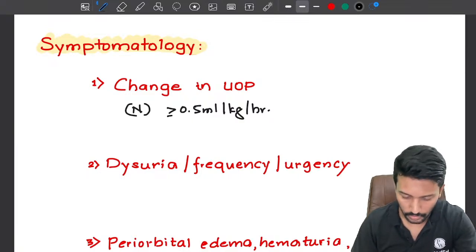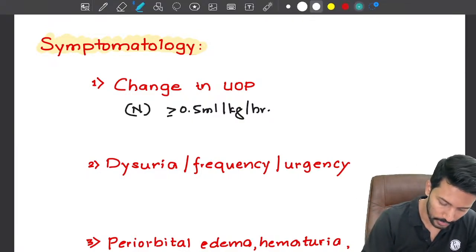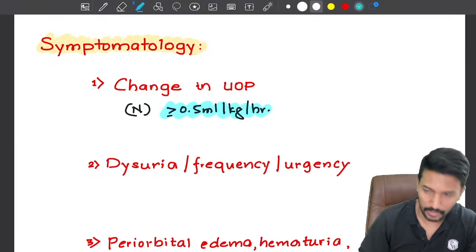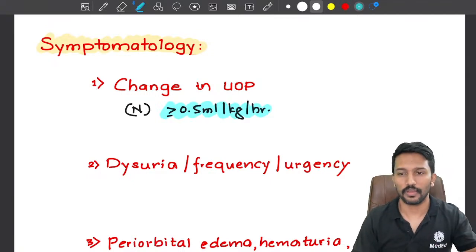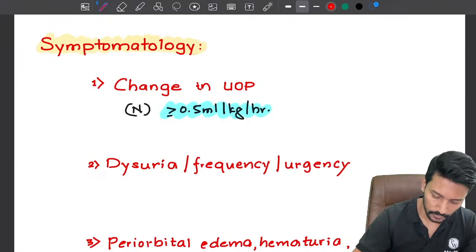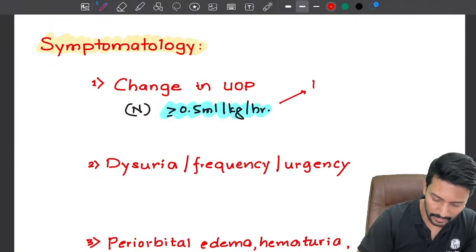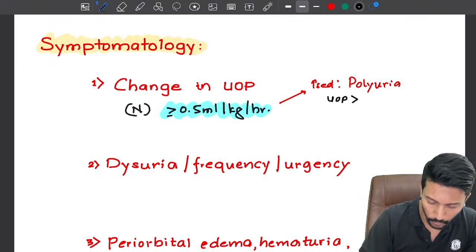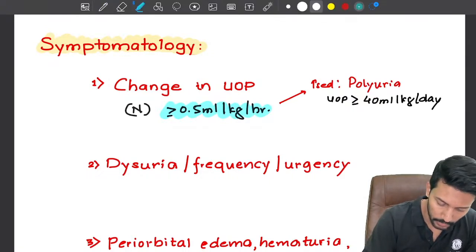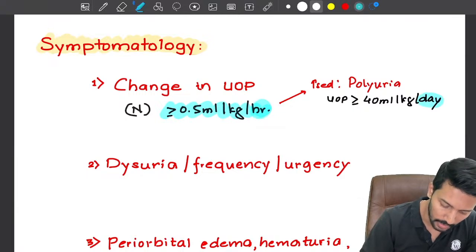Now if the urine output increases more than this, we call it polyuria. The definition of polyuria is urine output more than or equal to 40 ml per kg per day. Remember here, we are talking about per day here, and it is per hour there.